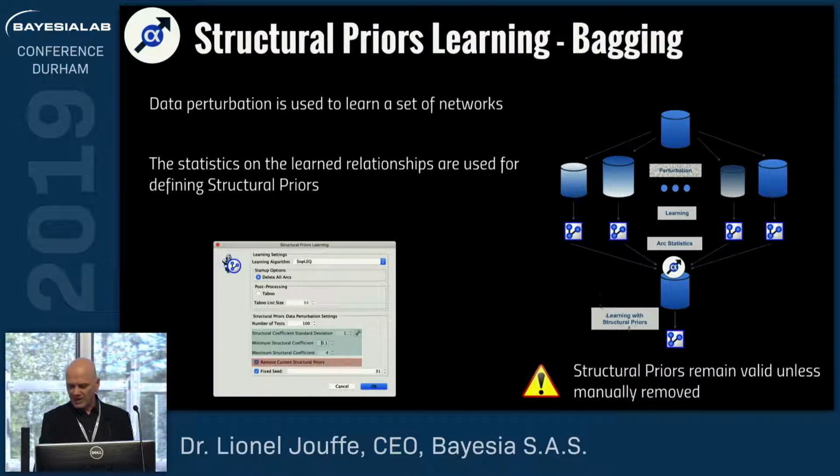So you just have to be careful to remove this prior if you don't want to use it, because once they are defined, they are going to stay there. Right? So this is a very powerful approach now that allows you to deal with data sets that are small. Before you had to play with the structural coefficient, now it's automatic, you don't have to do anything. This will explore the structural coefficient for you and gives you something that is kind of stable, robust.